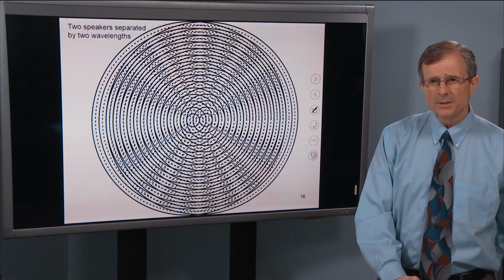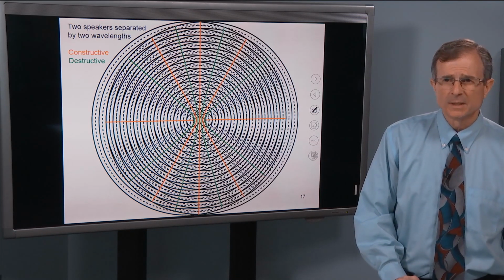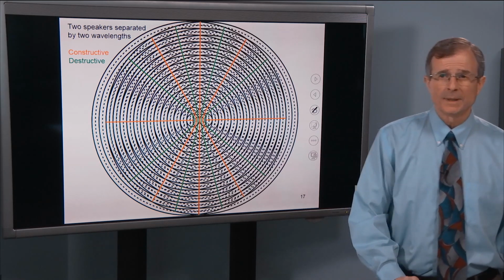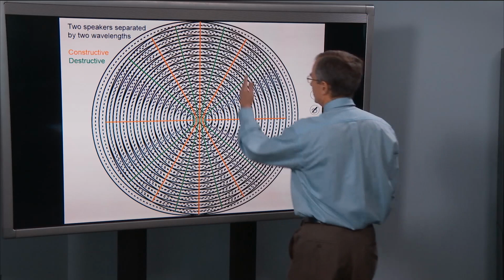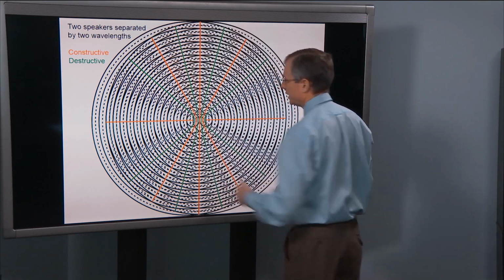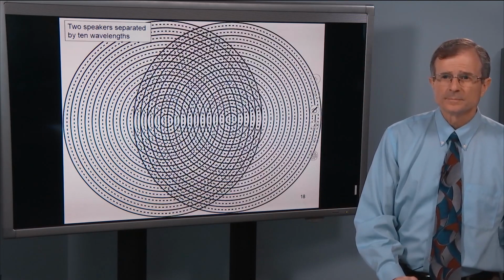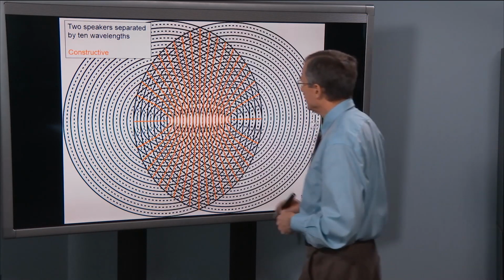But as we continue to separate the speakers more and more, by two wavelengths, we get more of what we call fringes: constructive, destructive, constructive, destructive, etc. With 10 wavelengths, we get a lot of them. I didn't even draw in the green ones.